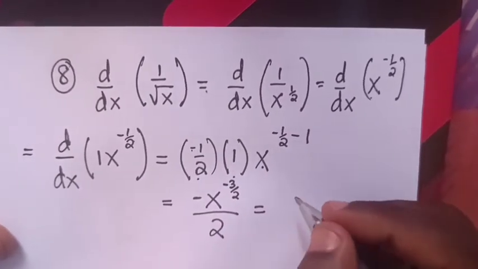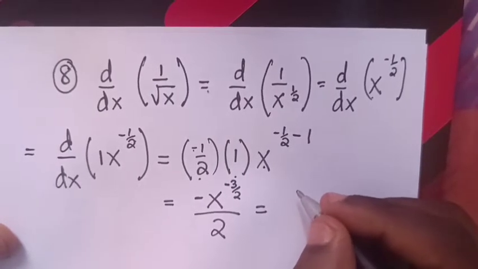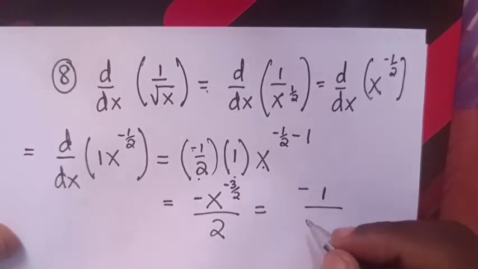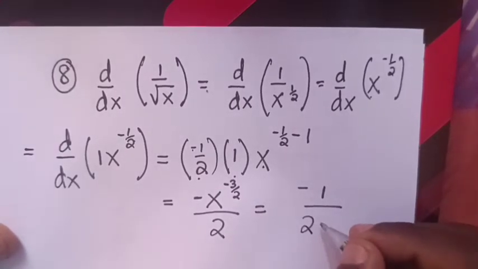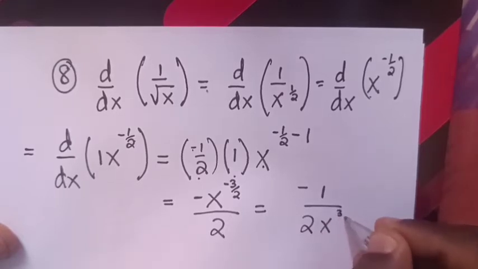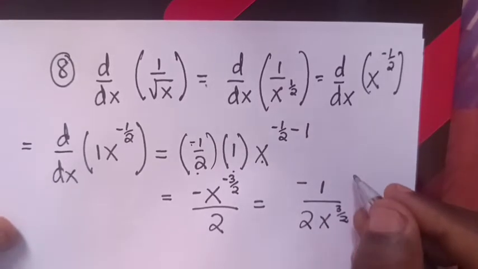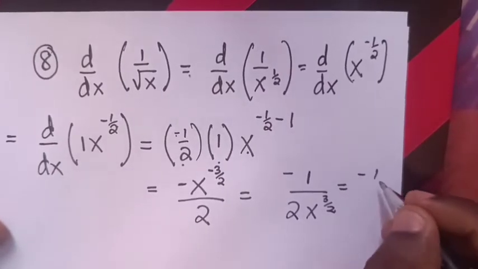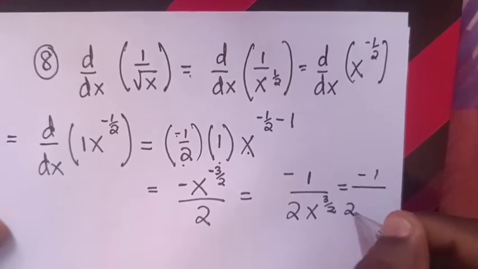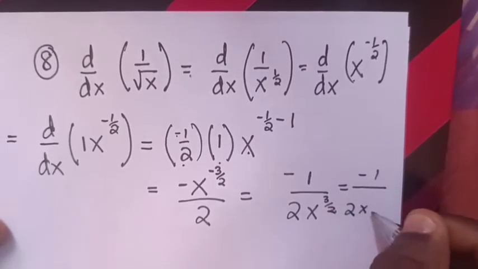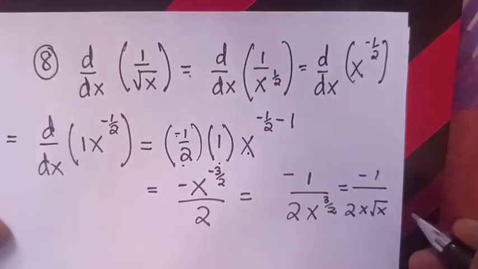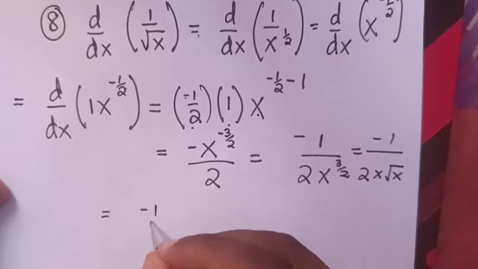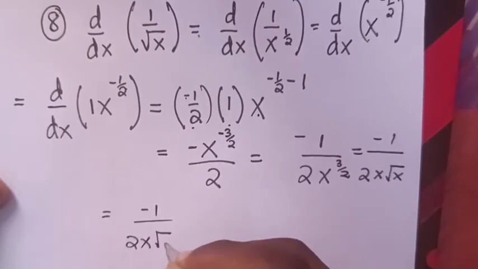So here, because the exponent power is negative, we write it in the denominator, so it will be negative 1 over 2x power of 3 over 2. Now this x power of 3 over 2 can be written as x times square root of x, because it is a whole number plus a half.